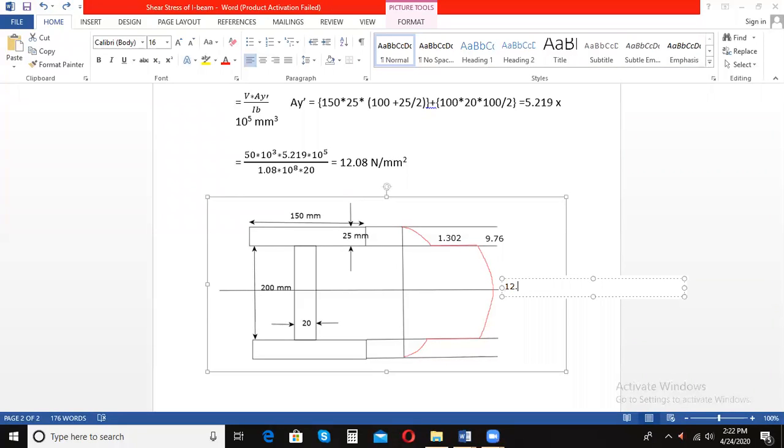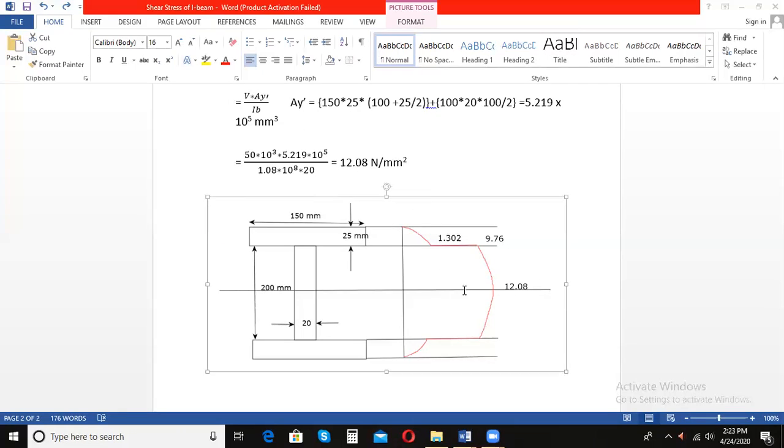Please don't take these values for granted, because if the dimensions of this I-beam change, these values will also change. But even if the dimensions change for an I-beam, the maximum value of shear stress will always occur at the neutral axis. Sometimes in interviews it is often asked to draw the shear stress distribution for an I-beam.